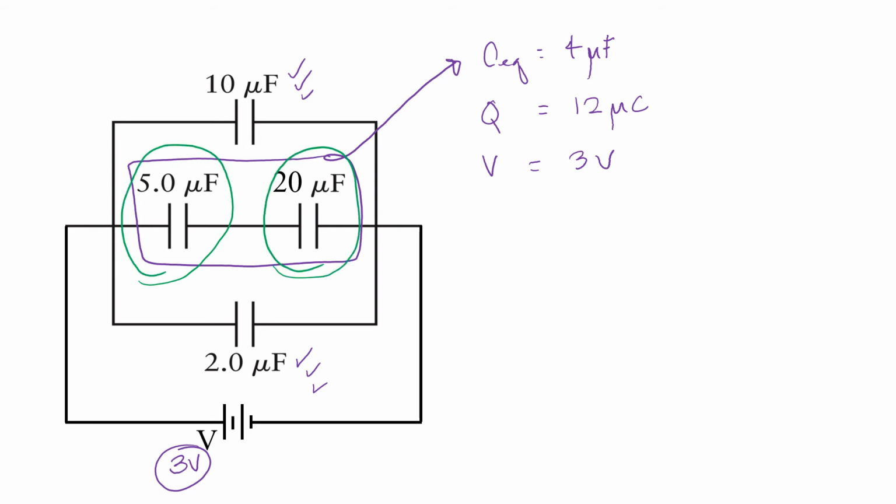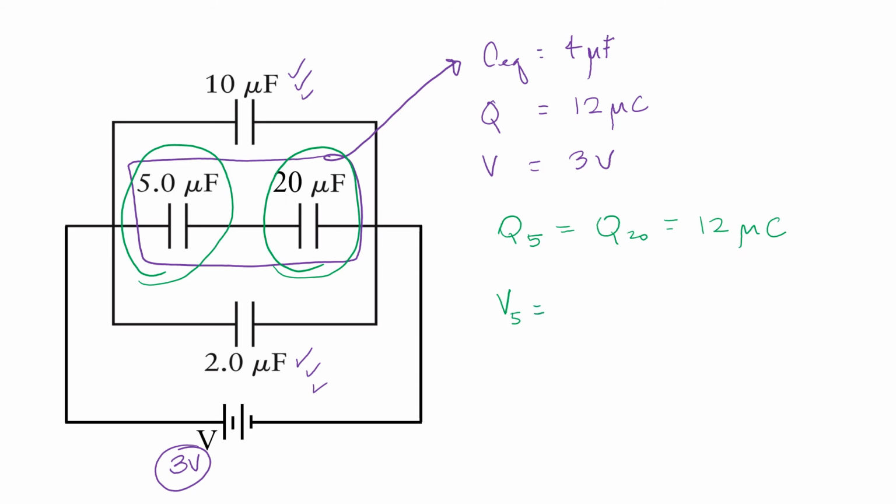One thing I know, since these are in series, is that the charge across the 5 microfarad capacitor is equal to the charge across the 20 microfarad capacitor. They are wired in series with one another. So that's 12 microcoulombs. I know their individual capacitances, so I can find the potential difference across the 5.